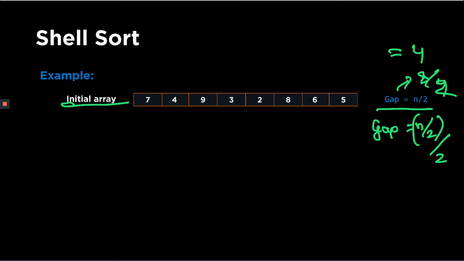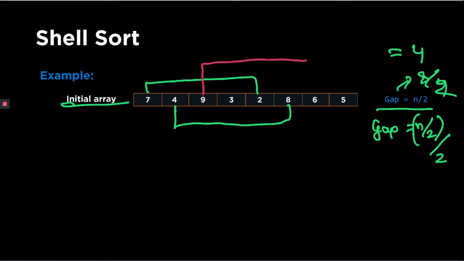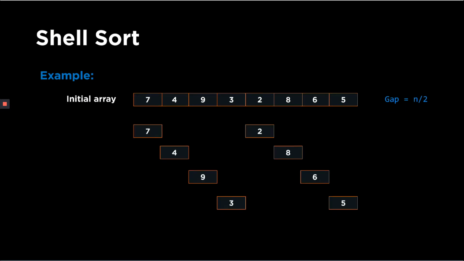So we are going to compare 7 with this 2, because we have three numbers in between, or there's a gap of 4. We are going to compare 4 with 8. Then 9 with 6. Then finally 3 with 5, because they are at a gap of 4.